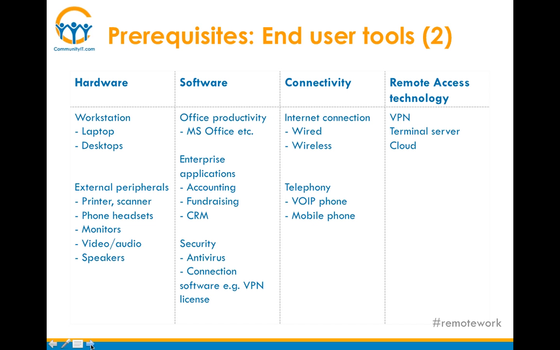It can also be useful, especially if your organization provides a VoIP phone and an application that can mask the organization phone number. That can be very useful. And then lastly, your organization needs to provide remote access technologies, and the most common ones are VPN, remote services, and some cloud technologies.